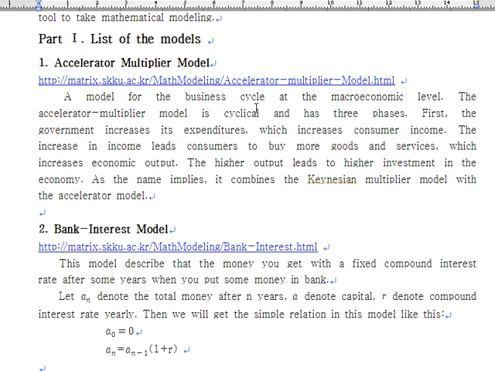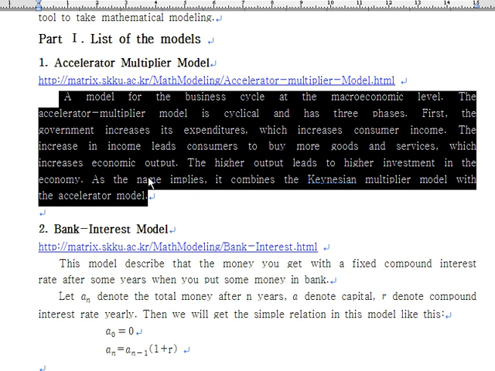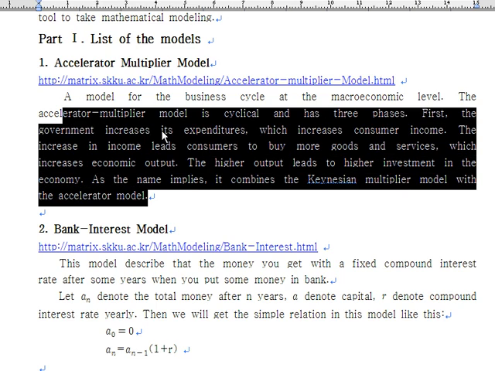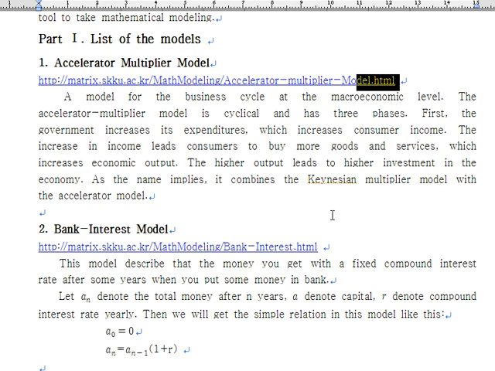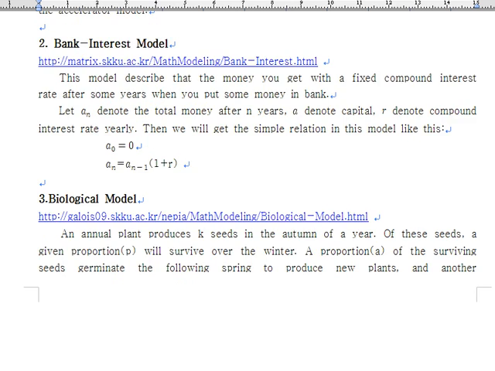First, there is a list of the models, which I introduced last time, so I won't say more about this. Here are just some models and their introduction and background.